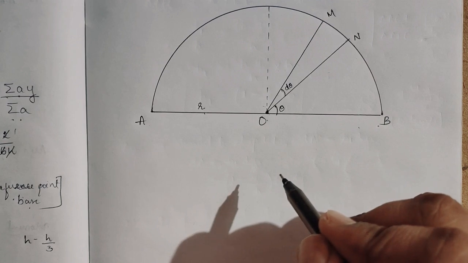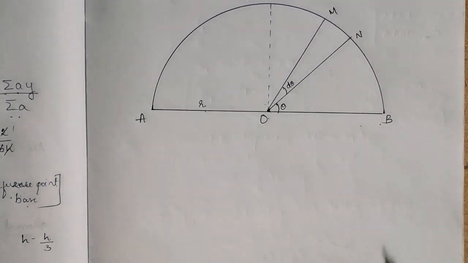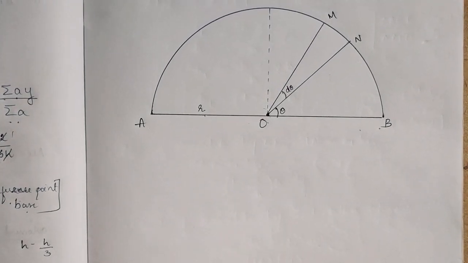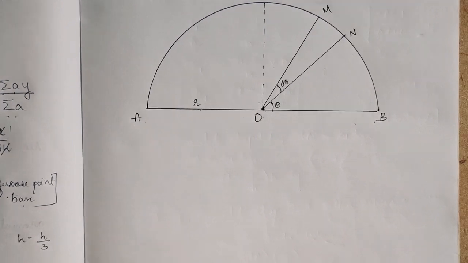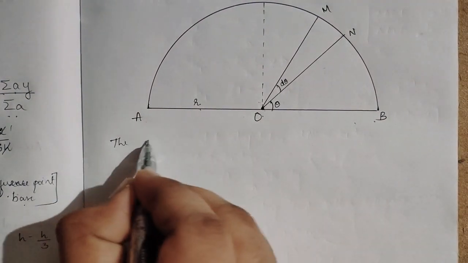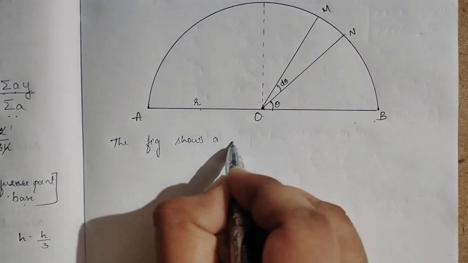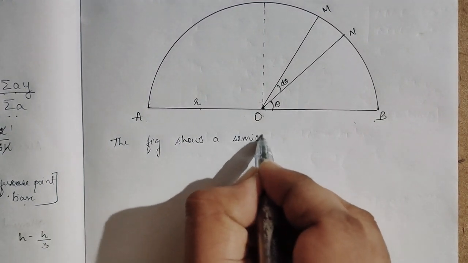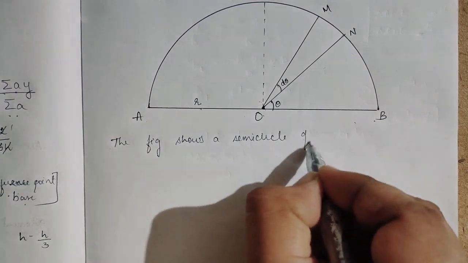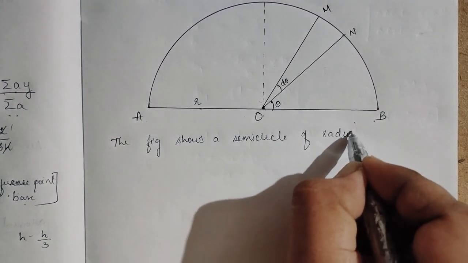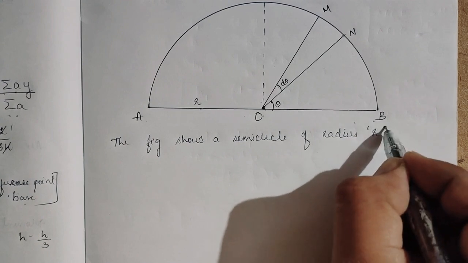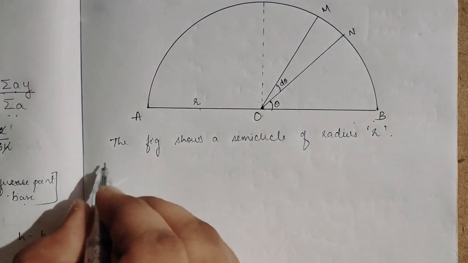Before that, we will write up what we have written till now. The figure shows a semicircle of radius r.